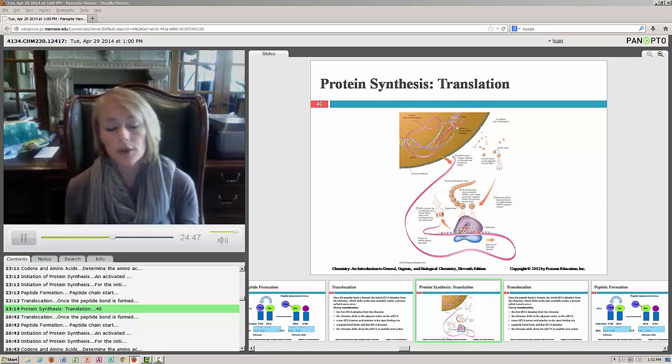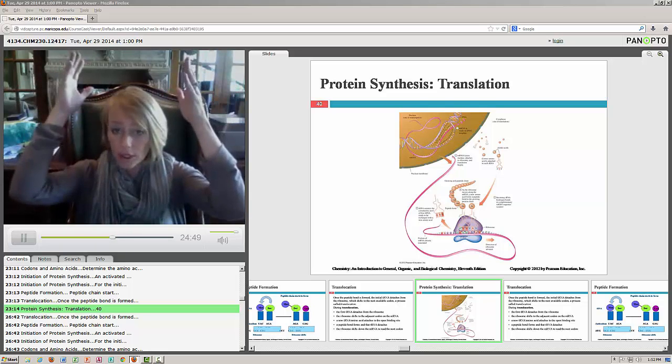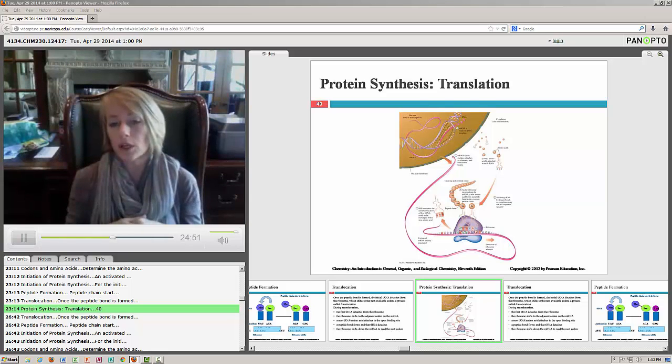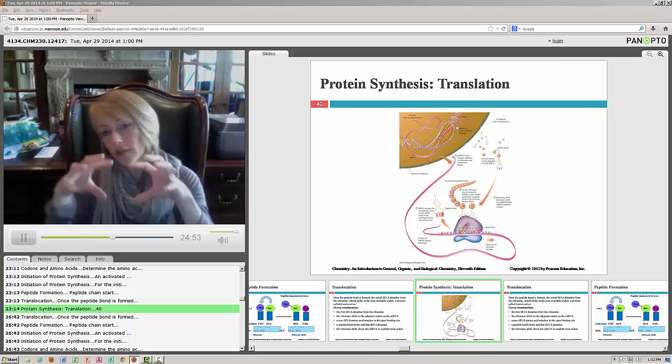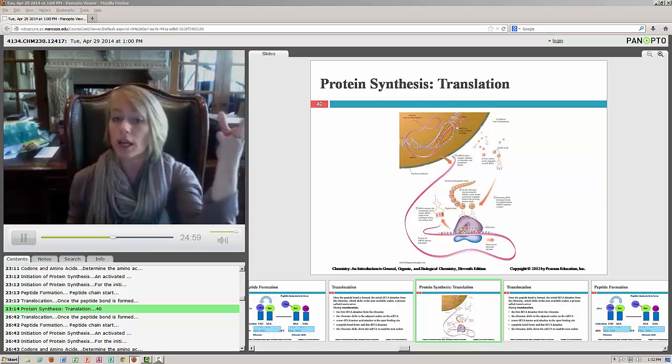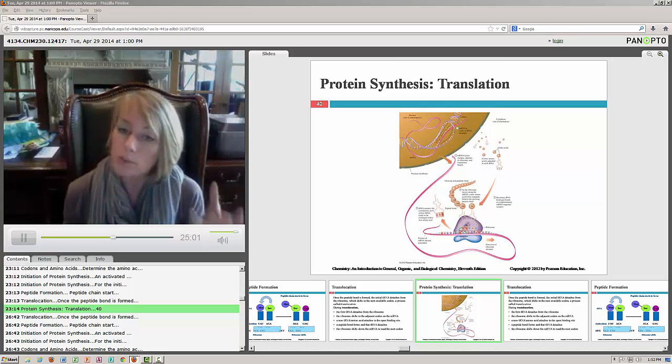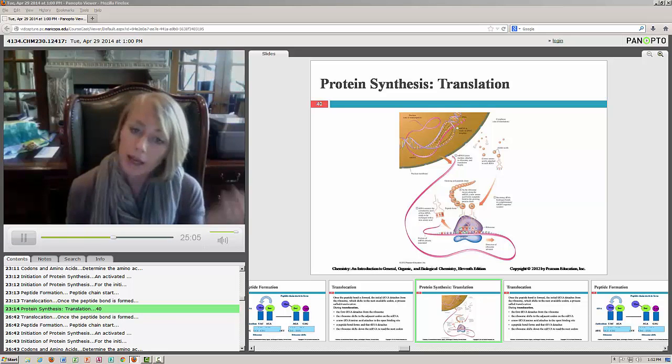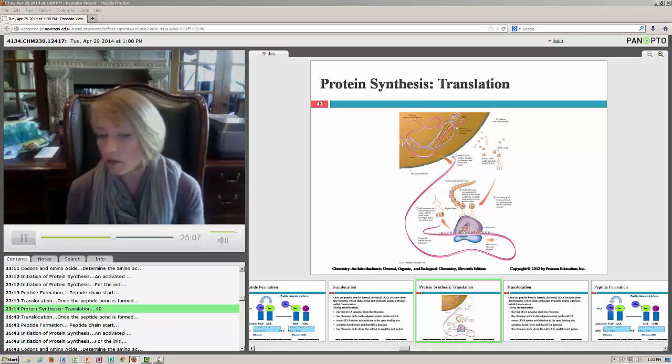Now, the transfer RNA, on the top portion of it, you can see in the top of this picture, the transfer RNA will have that anticodon on the bottom that matches up with the base pairing from the nucleic acid. But on the top of the transfer RNA, it will have its corresponding amino acid that goes along with that codon, or anticodon rather.